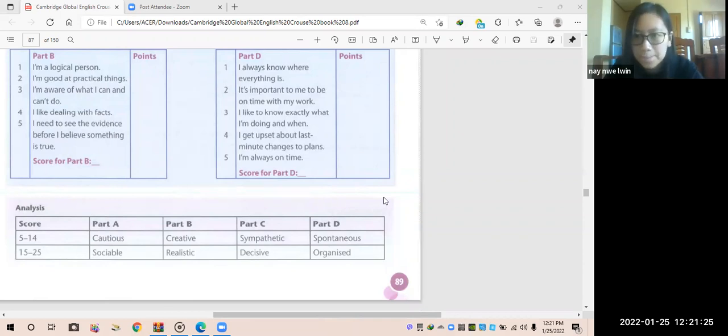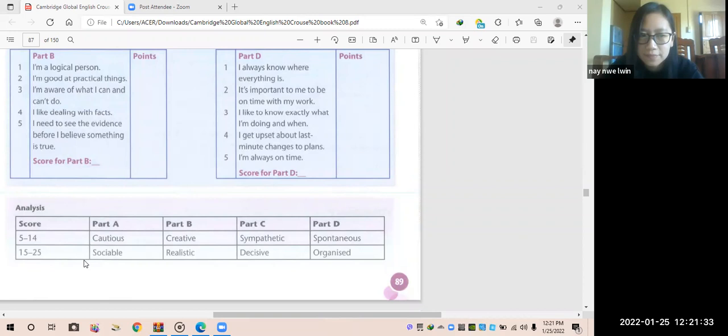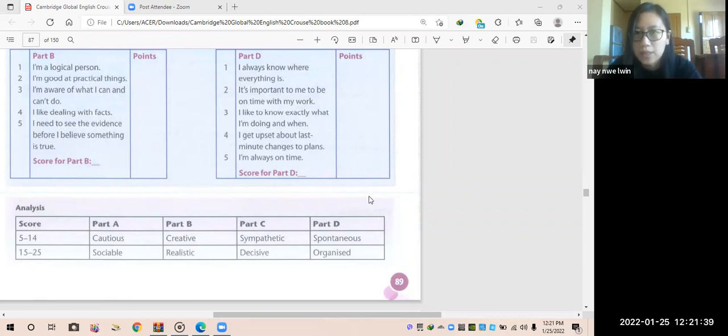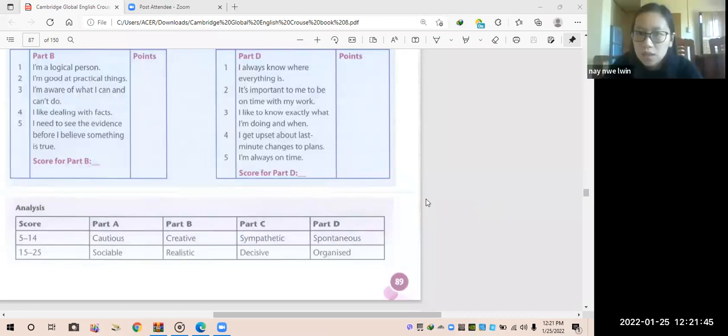Part C, I got 20. I'm decisive. And D, I got 15. I'm organized. Yes, that's why you are an organized person. Okay, thank you. And this time, Pink cousin.